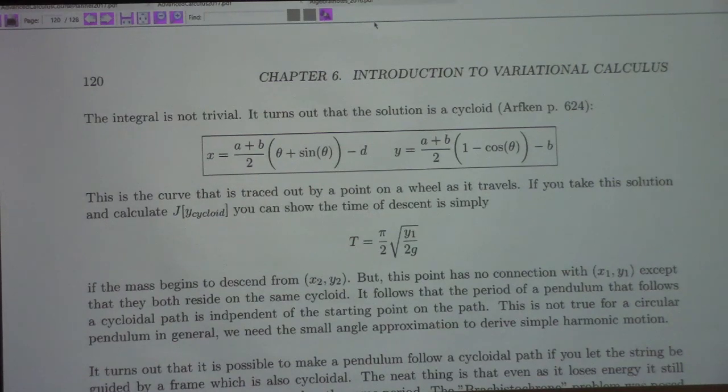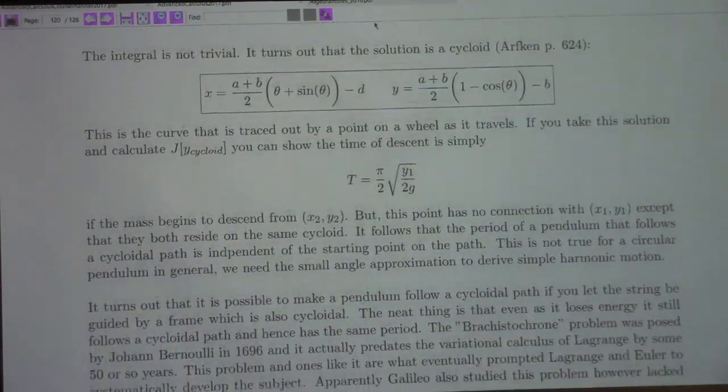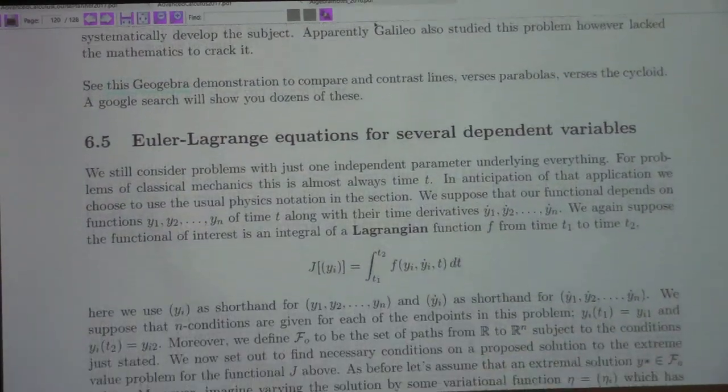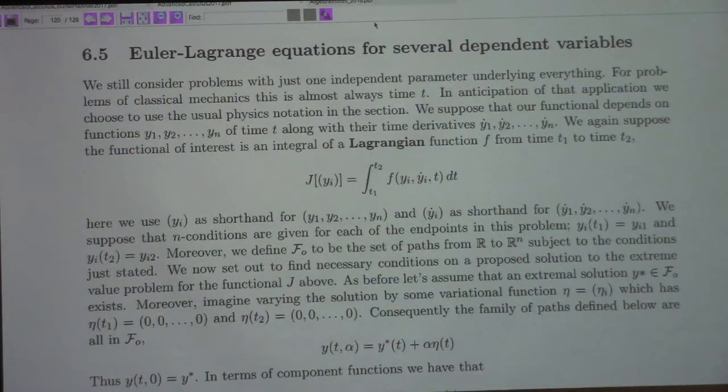Anyway, any questions? Actually, don't ask me questions just yet. This one's really just a difficult problem. That's all there is to it. There is Euler-Lagrange. You can have a functional with more variables. You could have not just one dependent variable, but several dependent variables, say n of them, and then you could have time.